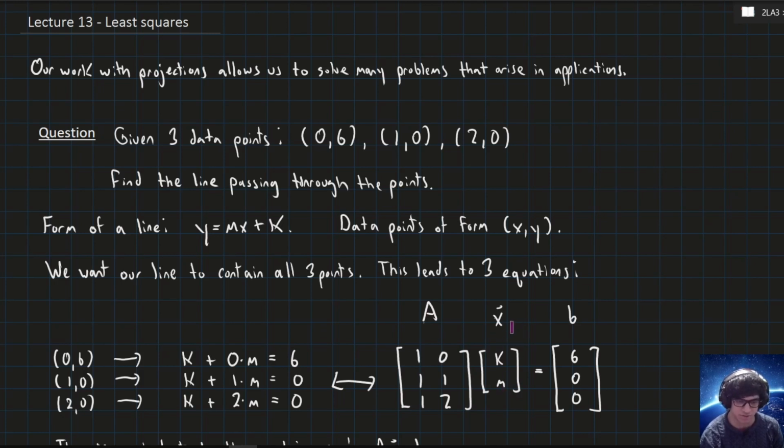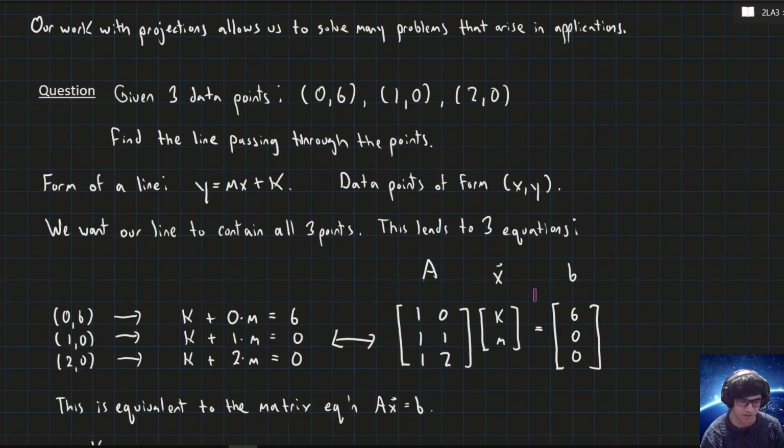This x vector is not the same as the x here, so to distinguish, I write x vector. These are our unknowns, k and m, and on the other side is our b. If you multiply this out, you'll see that these are the same sets of equations.